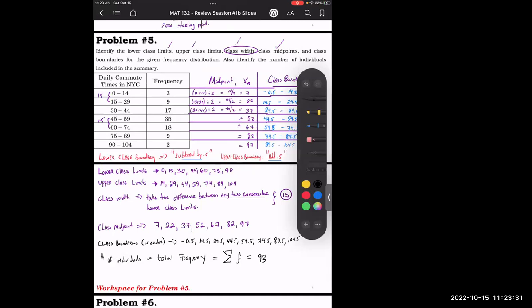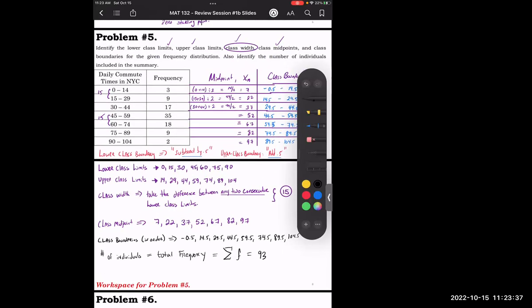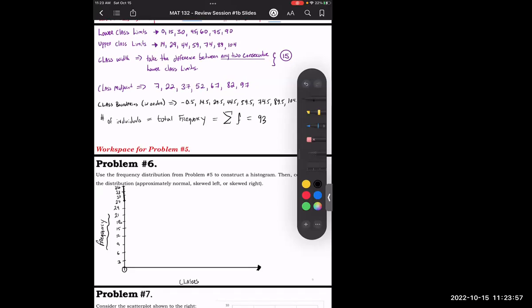Now I need to scale my horizontal axis. Personally, I don't like writing out the entire class, 0 through 14 and then 15 through 29. So I just use all the lower class limits. The first one was already presented to us. It was 0. My second class begins at 15.